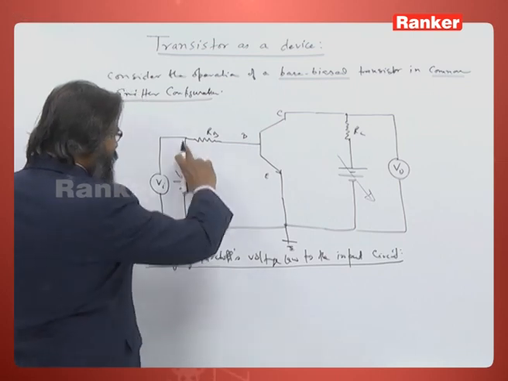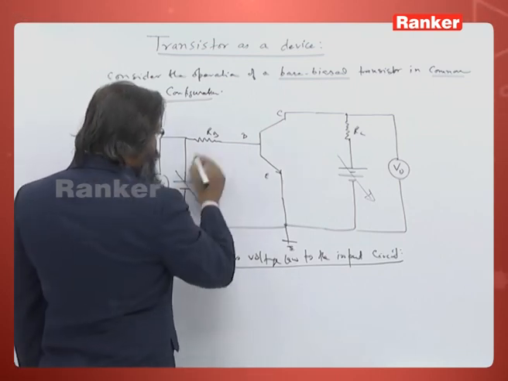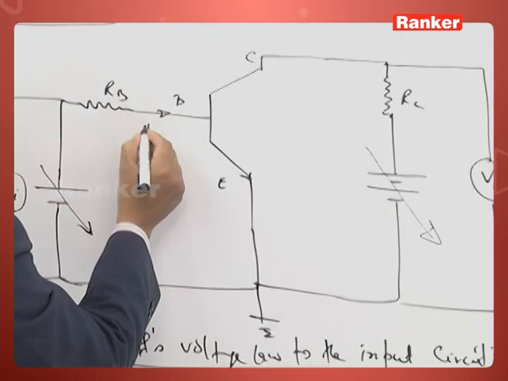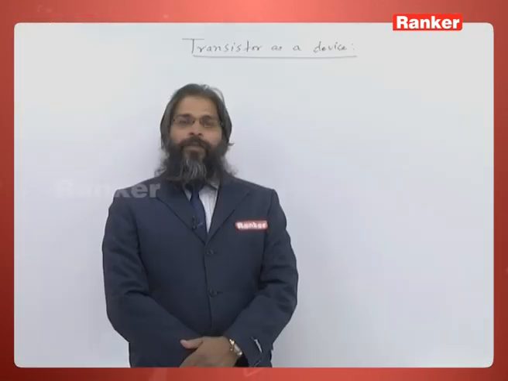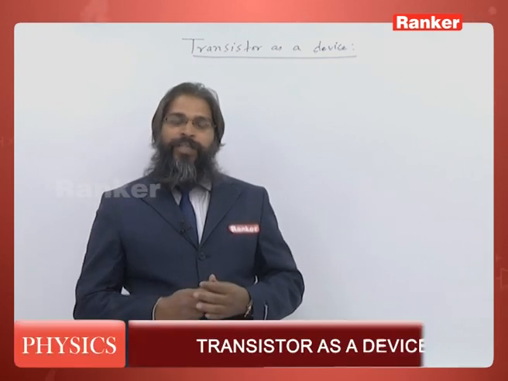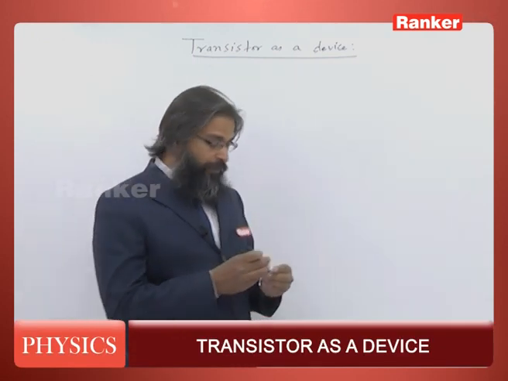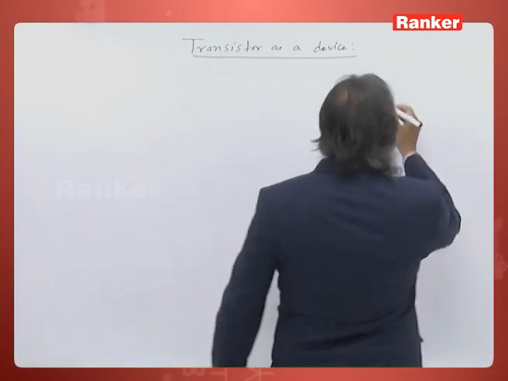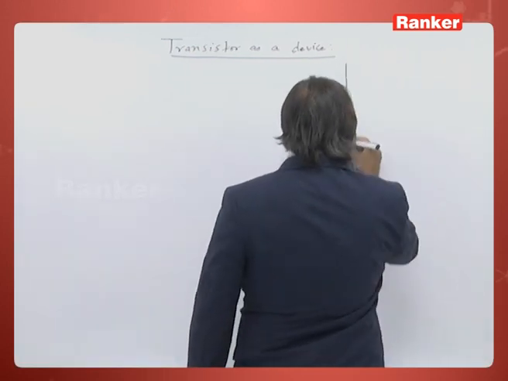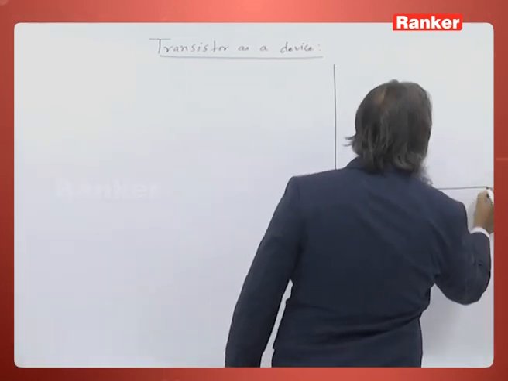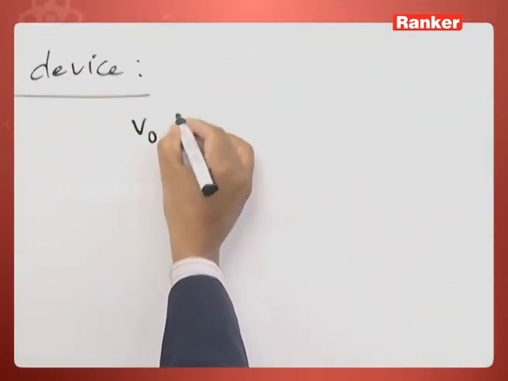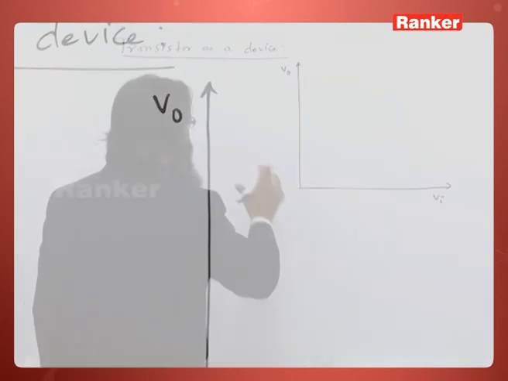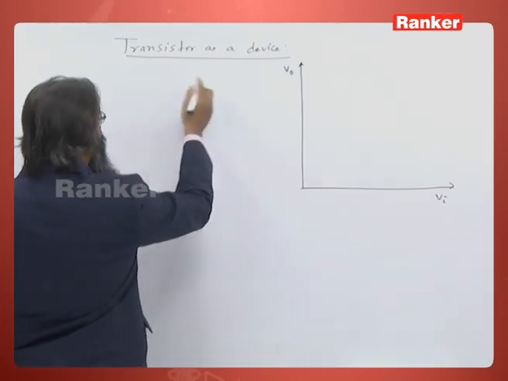You see here the current flowing through is IB, and here the current is IE. Now let us plot V0 versus Vi. Here we are going to plot Vi, the input voltage, along the x-axis and V output, how much output we will get. Let us write the two equations which we got.